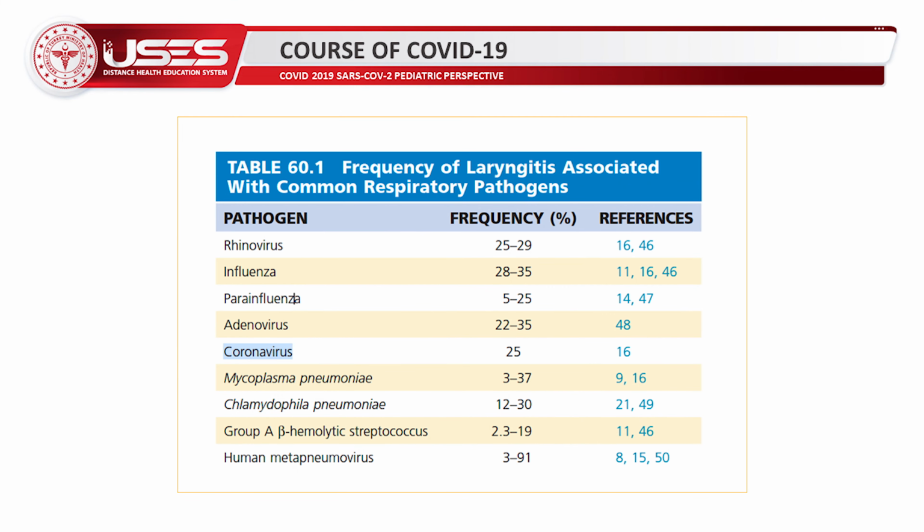Although we talk about upper respiratory tract infections due to the seasonal coronavirus, sometimes those four types of coronavirus can result in laryngitis, especially in pediatric patients. 25% of laryngitis could be caused by seasonal coronavirus.